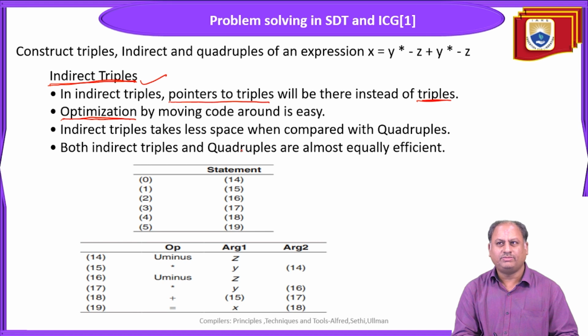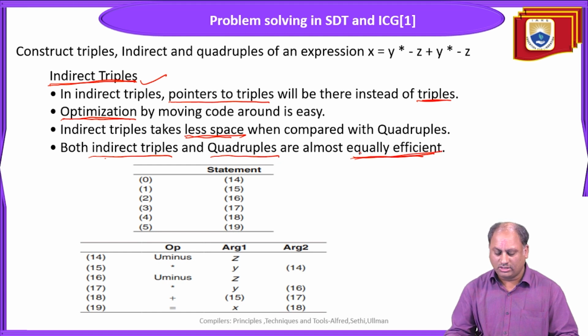And compared to the quadruple representation, it also takes very little space. Both indirect triples and quadruples are almost equally efficient.